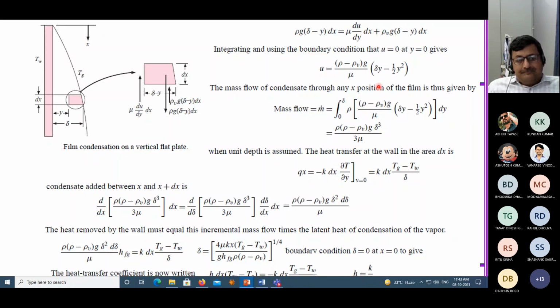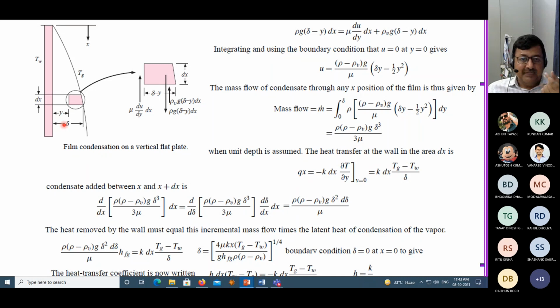And then you consider this to be a 2D geometry. X is towards this direction, and this is a differential element in the film whose thickness is dx. This distance is y, and the total film thickness is delta. So the distance which is changing is delta minus y.